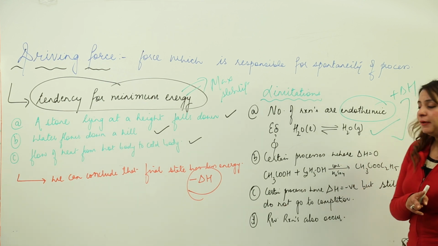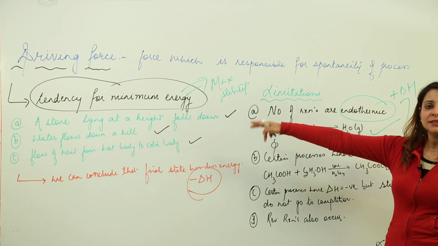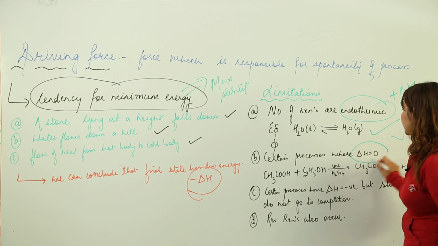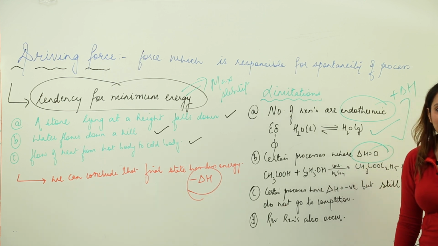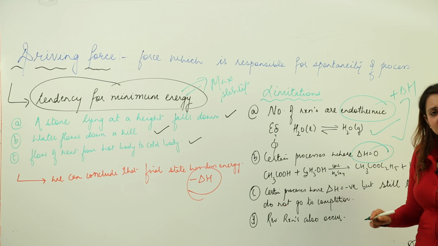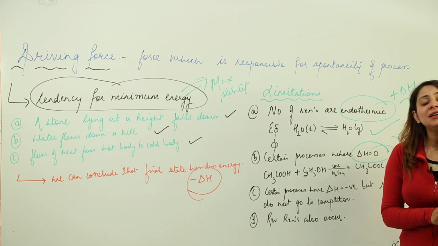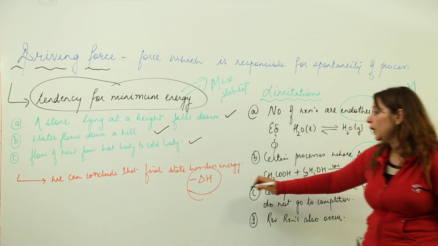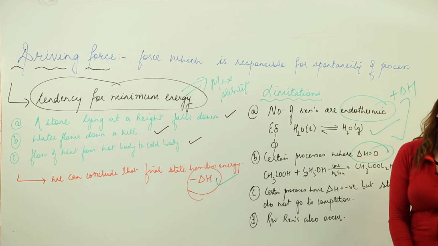Likewise, we have another limitation which proves that this cannot be the only criterion. Second, there are certain processes where no energy is involved, that means delta H is 0, but still those processes are spontaneous. And as far as we have studied here, the processes where delta H is negative are spontaneous.